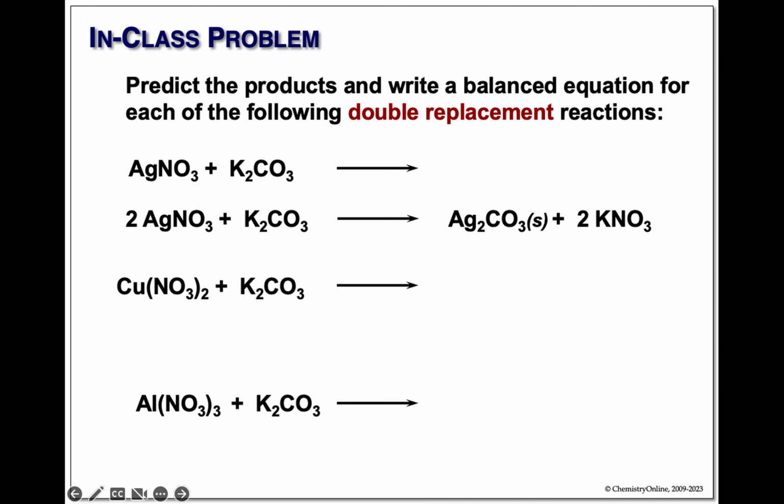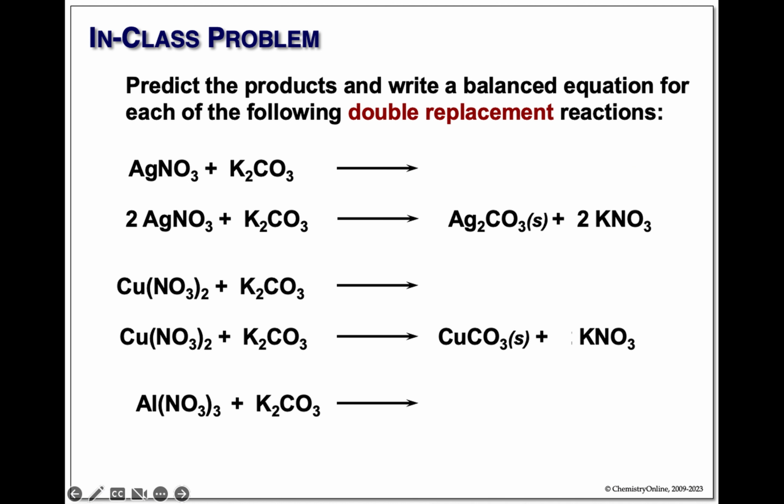Potassium will pair with nitrate. And that's what we get. Once again, we're not quite balanced. One copper, one copper. One carbonate, one carbonate. Two nitrates, one nitrate. Two potassiums, one potassium. All we need is our 2.